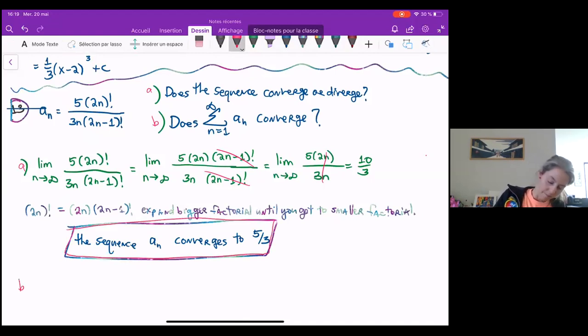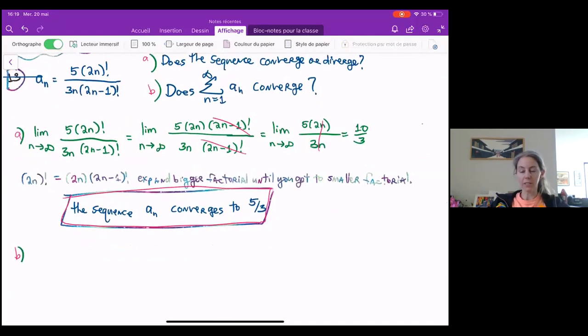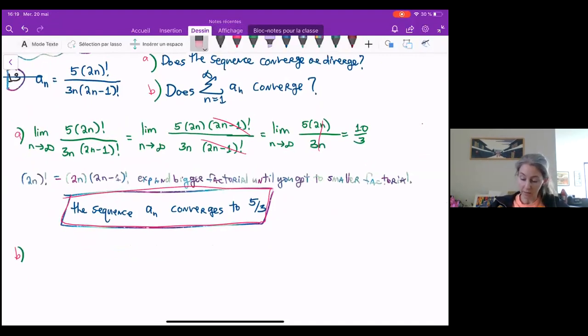Now what about B? What does the fact that that converges tell me about the series? Wow, I love how I said 10/3 and thought 10/3 and wrote 5/3. So what does that tell me about the associated series? 10/3 does not equal 0. So eventually it's like I'm adding 10/3 over and over again forever, which is clearly going to be infinite.